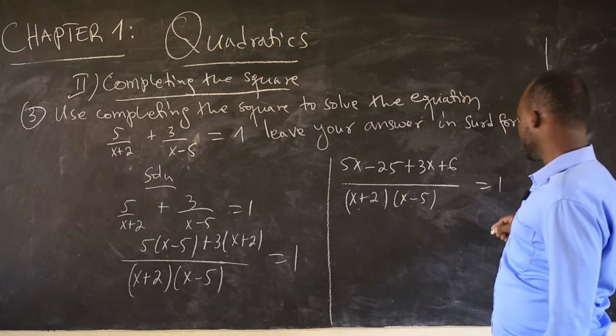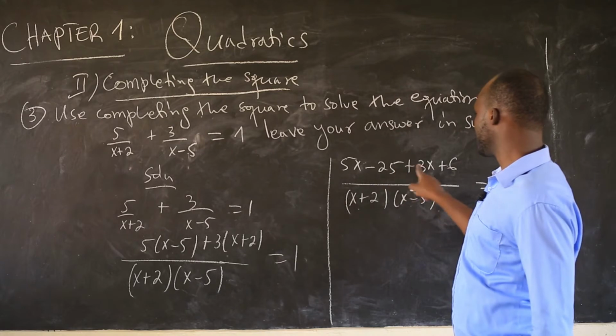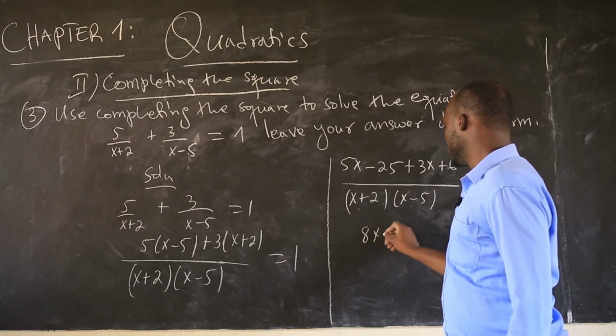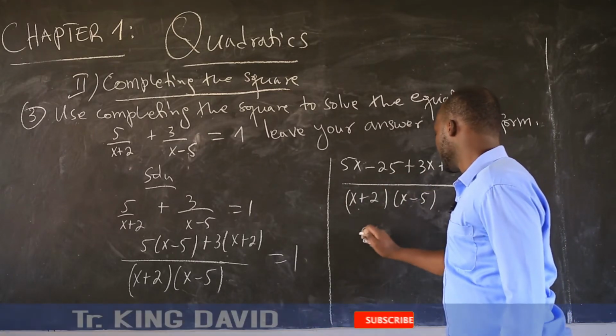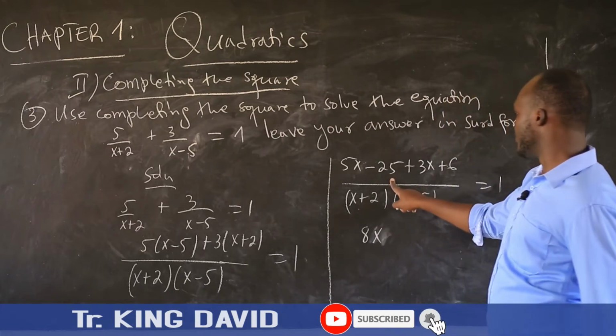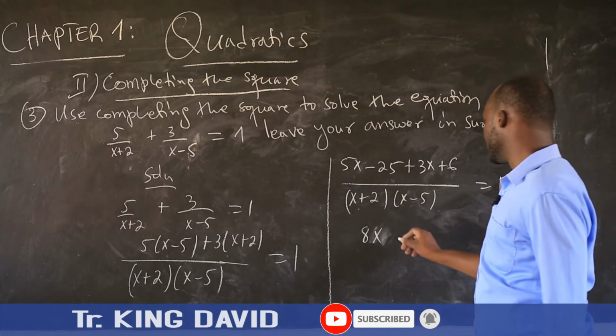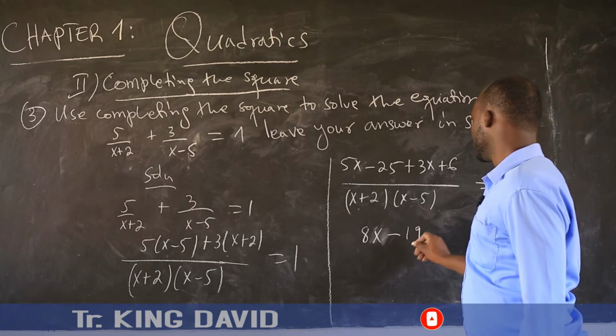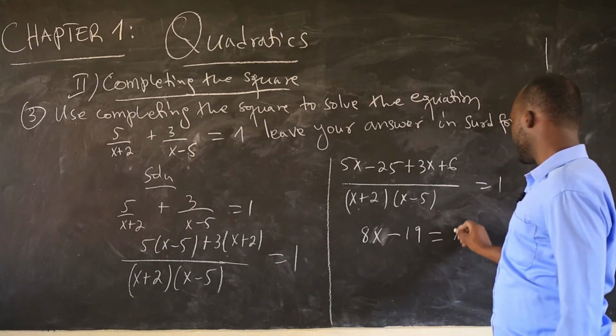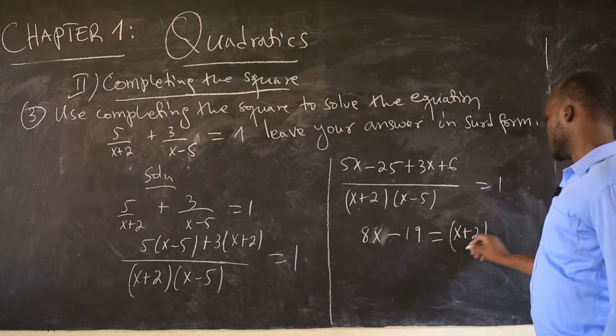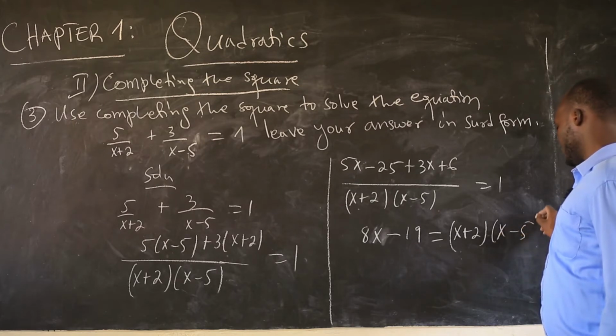We cross multiply, we get 5x plus 3x, that is 8x, minus 25 plus 6, that is negative 19, which is equal to (x plus 2) into bracket (x minus 5).